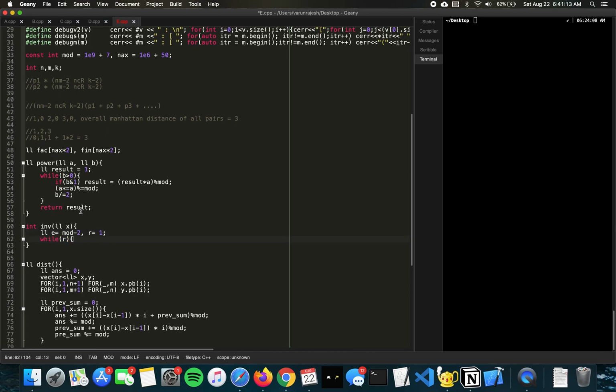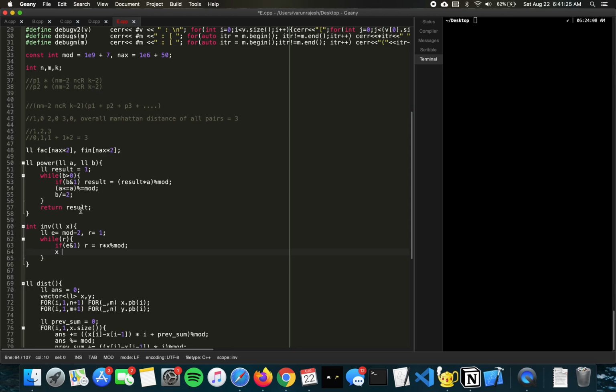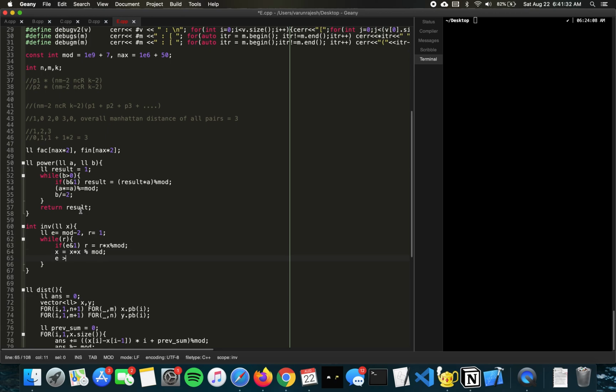While E, if E is odd, then R equals R times X mod mod, then X equals X times X mod mod, then bit shift E by 1, return R. Is that right? Yeah, that looks right to me.